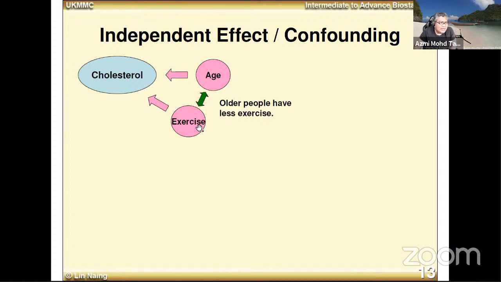Older people have less exercise, and those who exercise less end up with high cholesterol. Those in the older age group tend to have higher cholesterol. So there is some confounding effect between each other, or some interaction, between this and the outcome of interest.